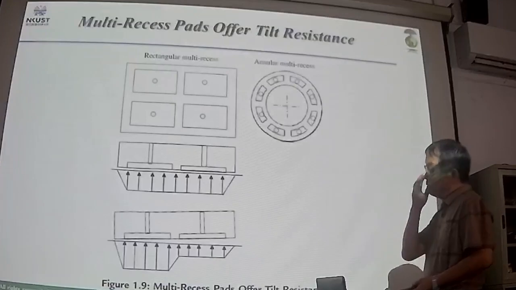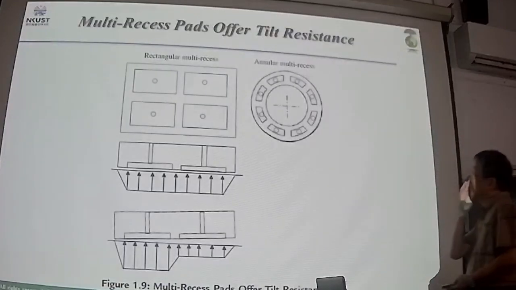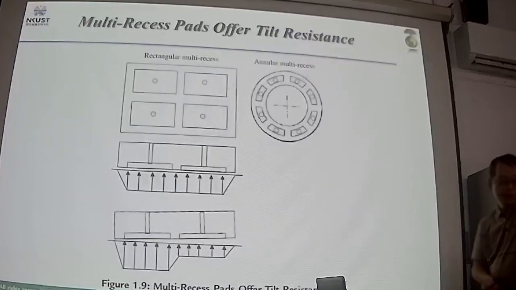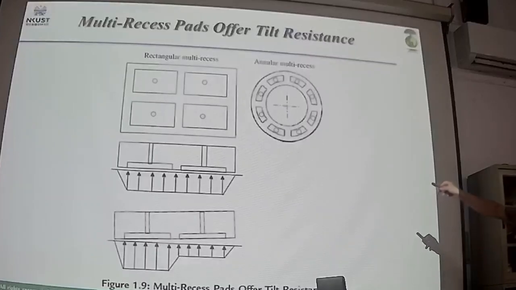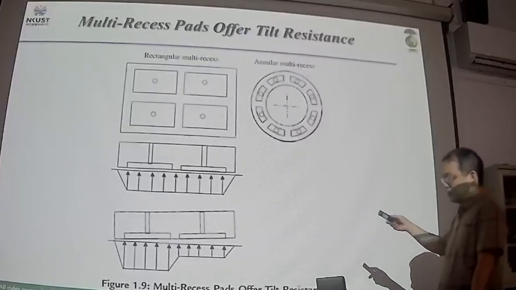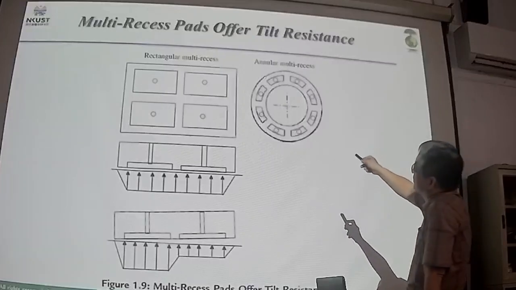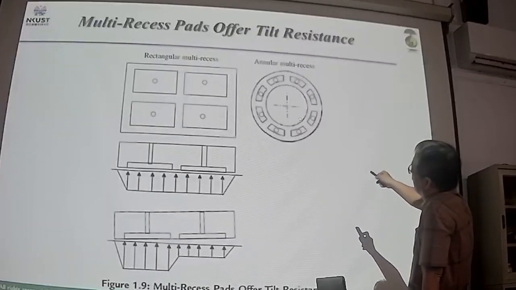So let's also look at the thrust bearing design. Okay, this is the annular thrust bearing, and we arrange multi-recess, which means in this 360-degree configuration, we have 1, 2, 3, 4, 5, 6, 7, 8 recesses.